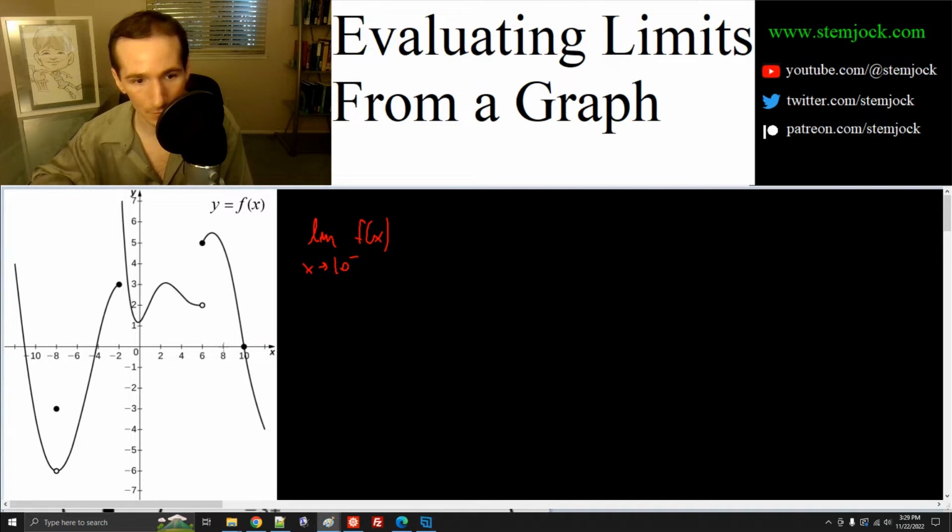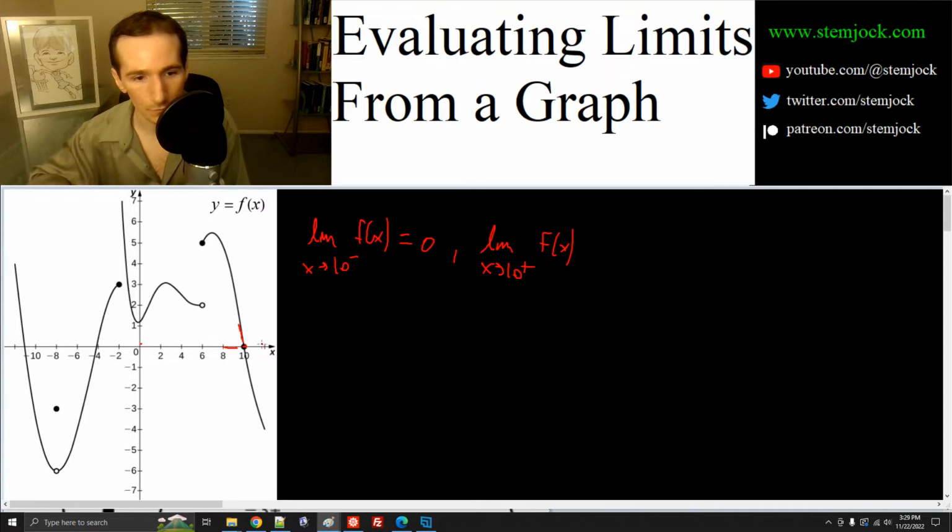As x goes to 10 from the left, it approaches the y value of 0 because the function is 0 on the x-axis. So this is 0. And I'm going to look at the same limit, x approaches 10, but this time from the right.